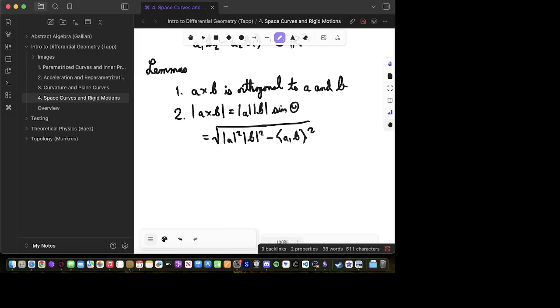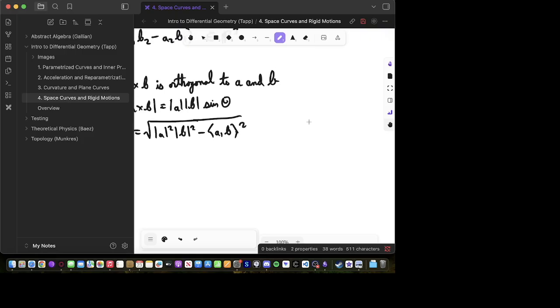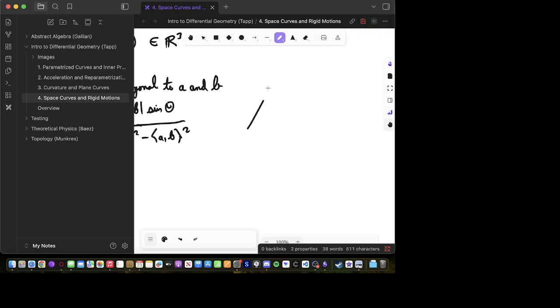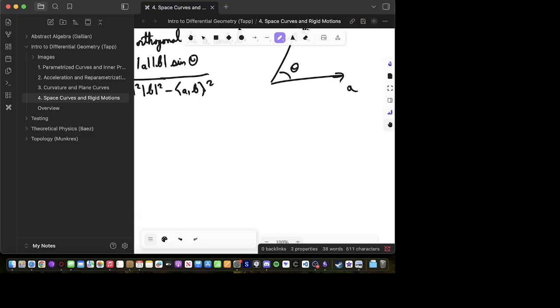So when I say sine of theta, what I mean is the angle between the two vectors.